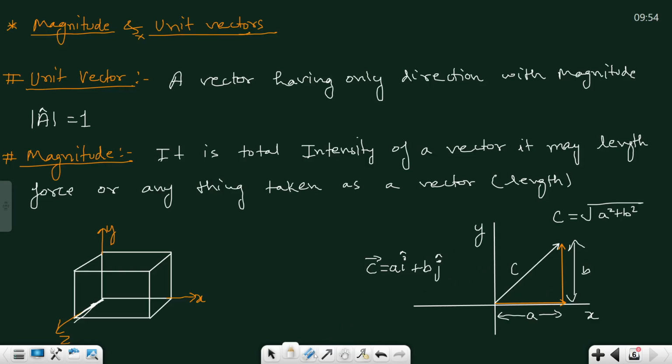Okay, so that's all about the vector in 2D. This is the vector in 2D because it is having two components, one along i direction and another along j direction. So A i plus B j, that is the C vector. Clear? Is it clear? बोलो भाई.